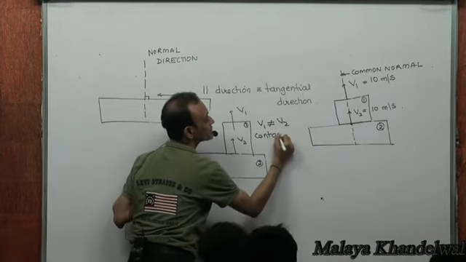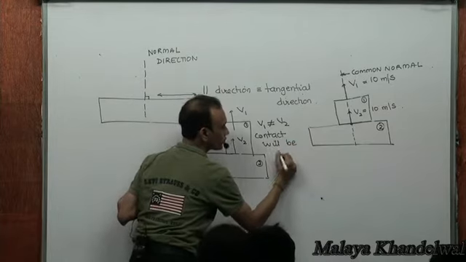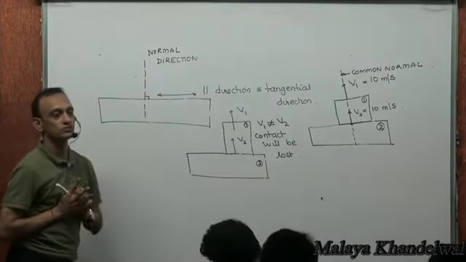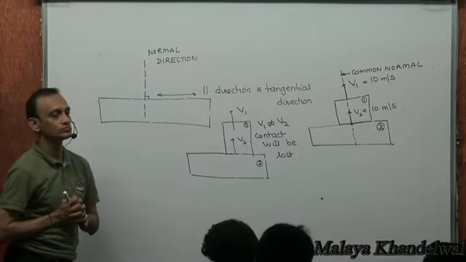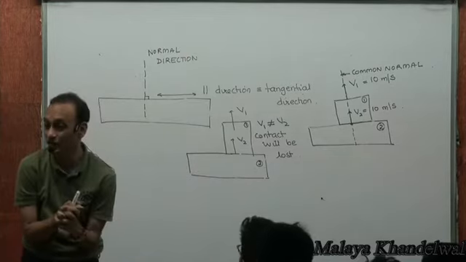Would you want to believe this? Contact will be lost. Yes or no? If along the common normal they have different velocities, contact will be lost.